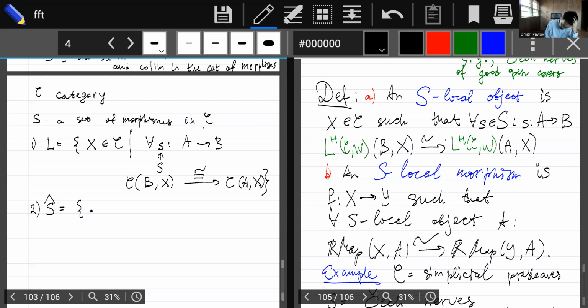It is a set of morphisms f from X to Y, morphisms in C, such that for any S local object A, the induced map from the set of maps from Y to A to maps from X to A is an isomorphism.